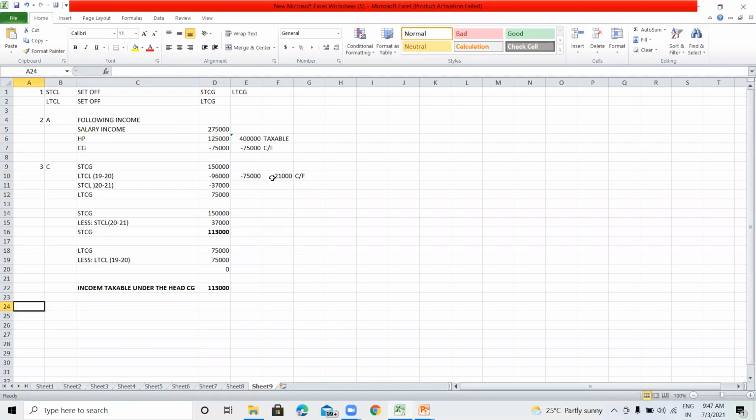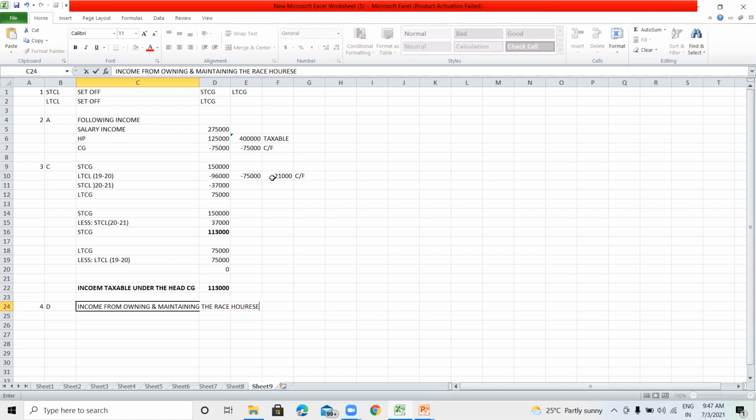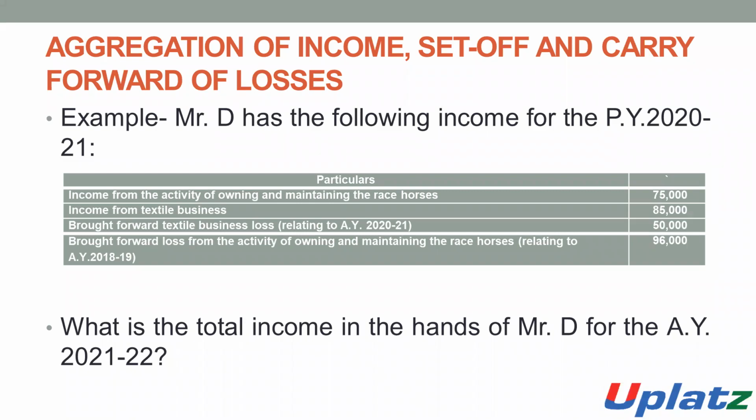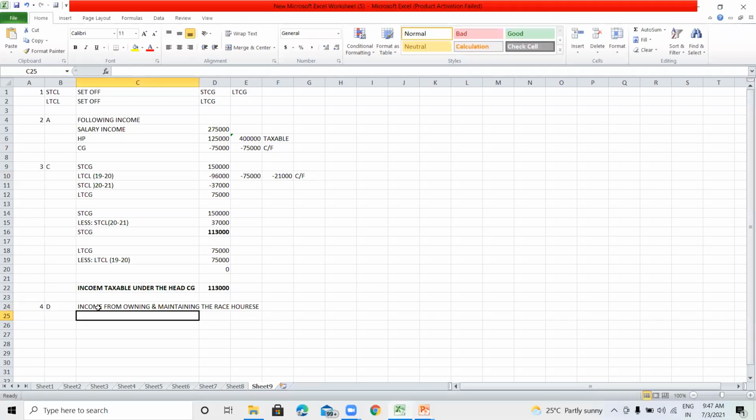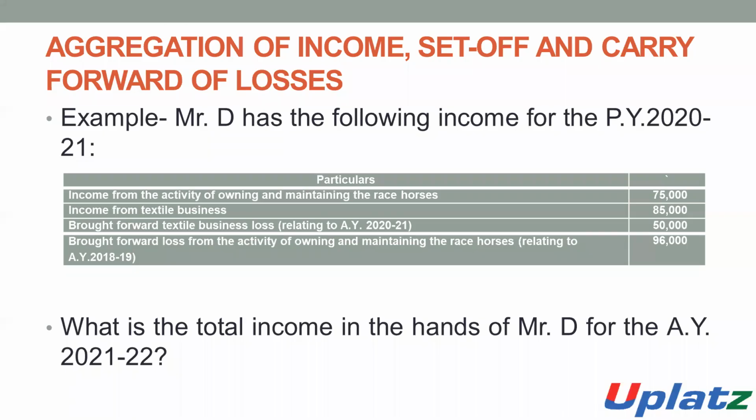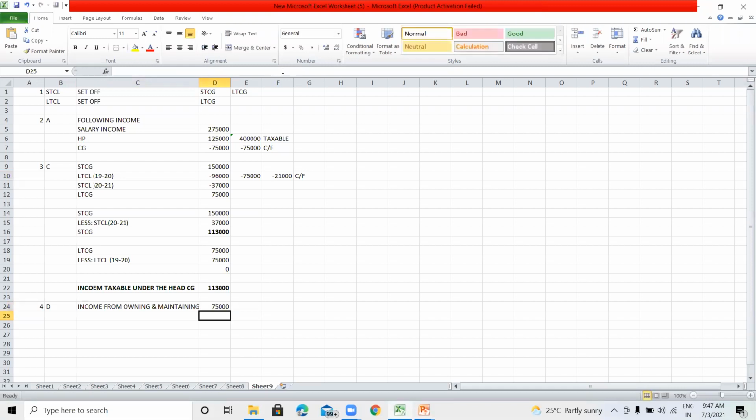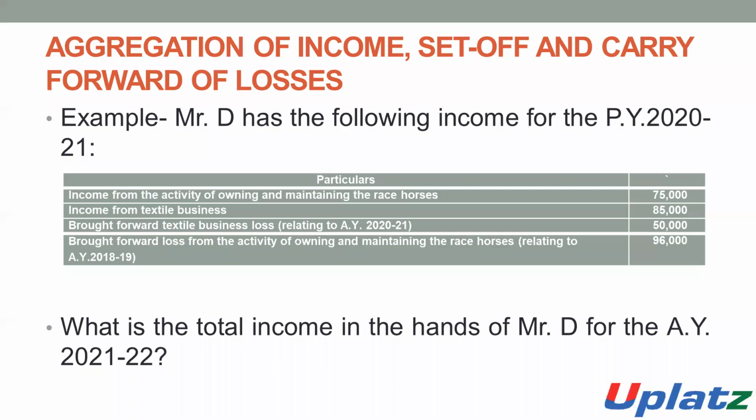There is an assessee D, and he has income from owning and maintaining race horses, and the income is 75,000 rupees.